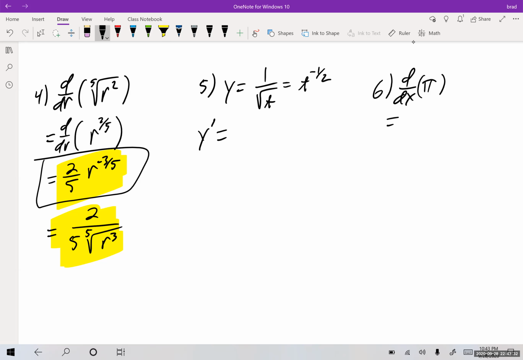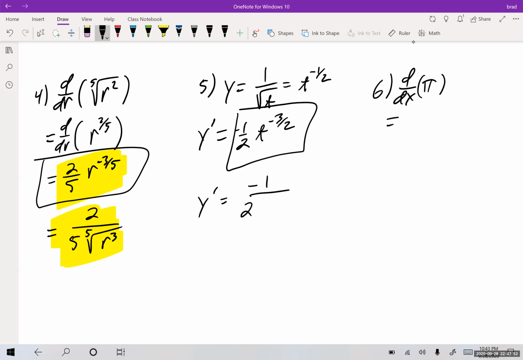If you wanted to get fancy and they asked you to simplify in the homework, you would say -1 over 2 times the square root of t cubed, and then you'd probably have to clean this up, so that would actually be t square root of t. But again, I like this answer better. The only reason I would give this one is if they specifically asked for it, or I needed to make common denominators or something like that.